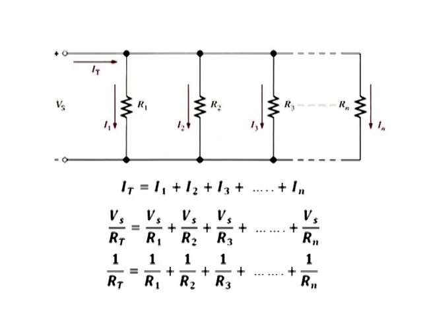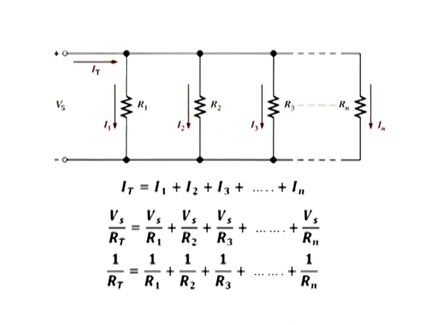leaving only the resistance terms as an equation where 1 upon RT comes out to be 1 upon R1 plus 1 upon R2 plus 1 upon R3 and so on up to 1 upon Rn.